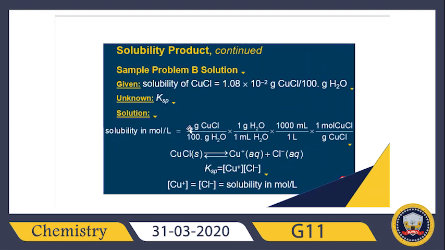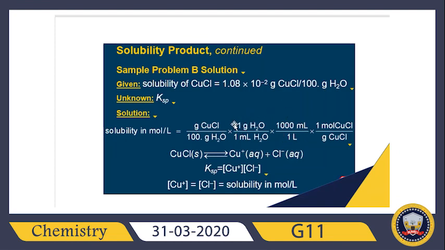We will start by converting the grams of copper chloride over 100 grams of water, multiplied by the conversion factor.